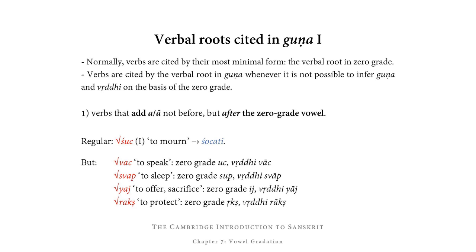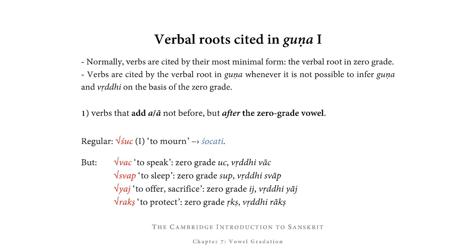Well, if you look at vach and uch, what is happening here is that the zero grade form uch has the guna vowel a added, not in front of the zero grade vowel u, but behind it. And whenever an u stands in front of another vowel, it appears not as u, but as its semi-vowel counterpart, v. And so instead of u, ach, we get vach.